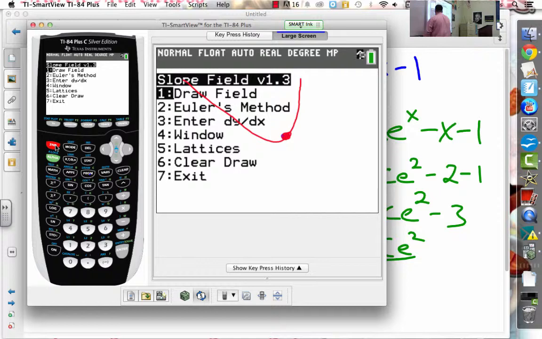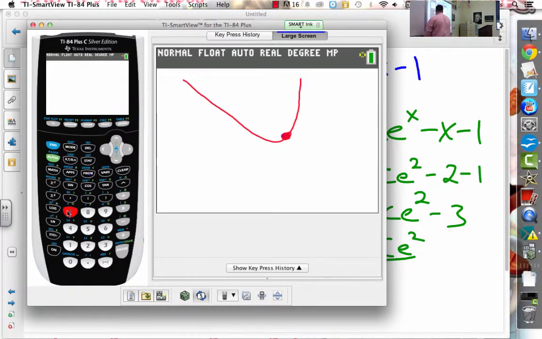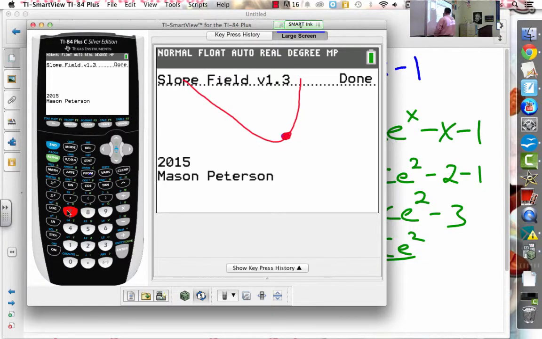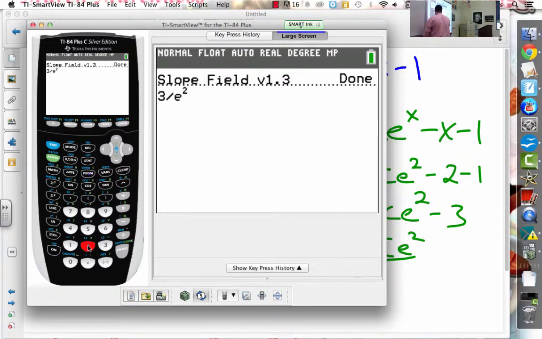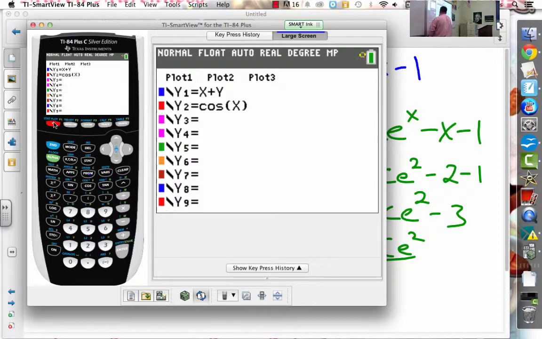So now I'm going to quit the program real quick by choosing option 7. And now I'm going to say 3 divided by e to the 2, and hit enter. And it's about 0.41, we'll say, if we round it up.